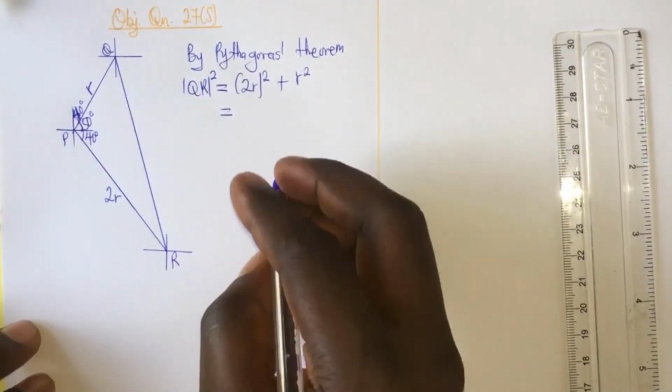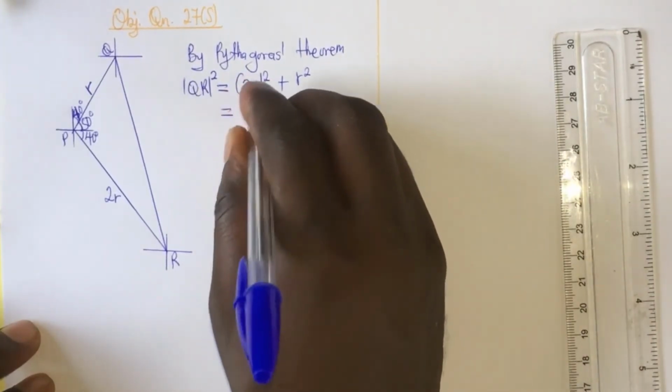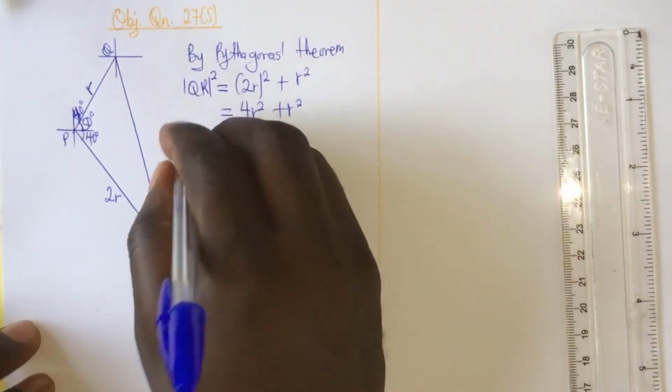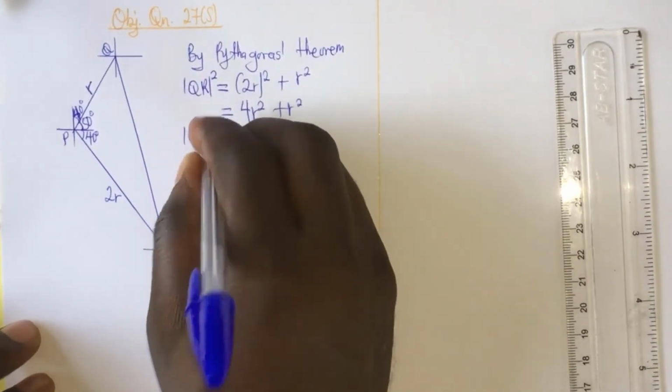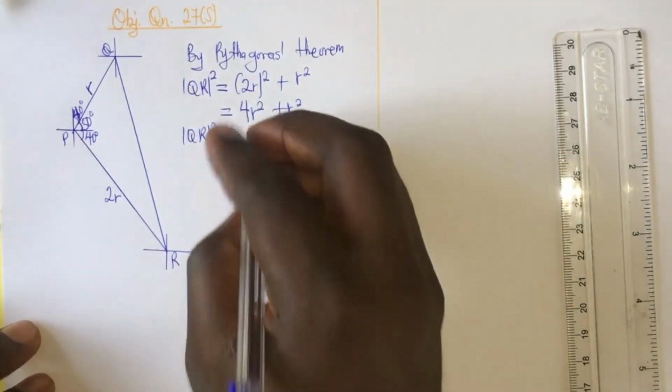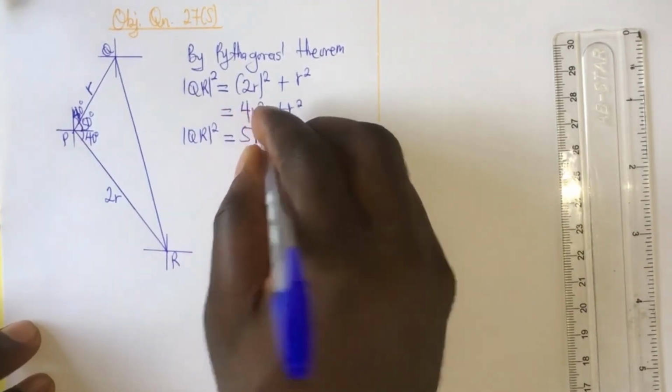So 2R squared will give us 4R squared, then plus R squared. So our QR squared will be equal to 4R squared plus R squared, which is 5R squared.